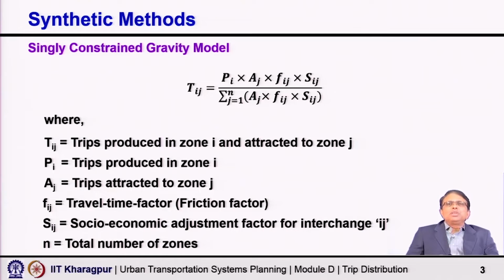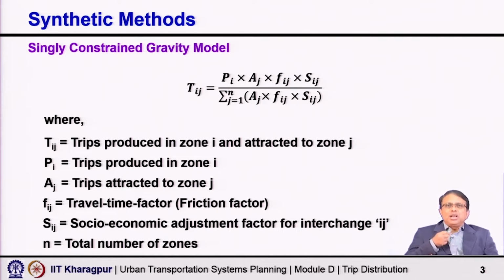So, it has to be something in a relative sense. P_i number of trips are produced from zone i; how much will go to a particular zone j will depend on the value of attraction and the friction factor for that zone, relative to all attraction zones connected to i, because every attraction zone is competing with each other.